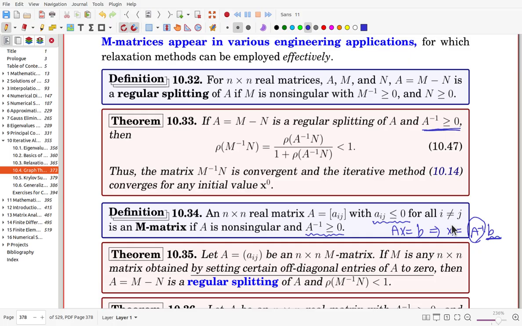It's natural, physically sound. So once it is an M matrix, and you start with a regular splitting, then it is always convergent, which means that in various engineering applications, the relaxation method can be employed very effectively.